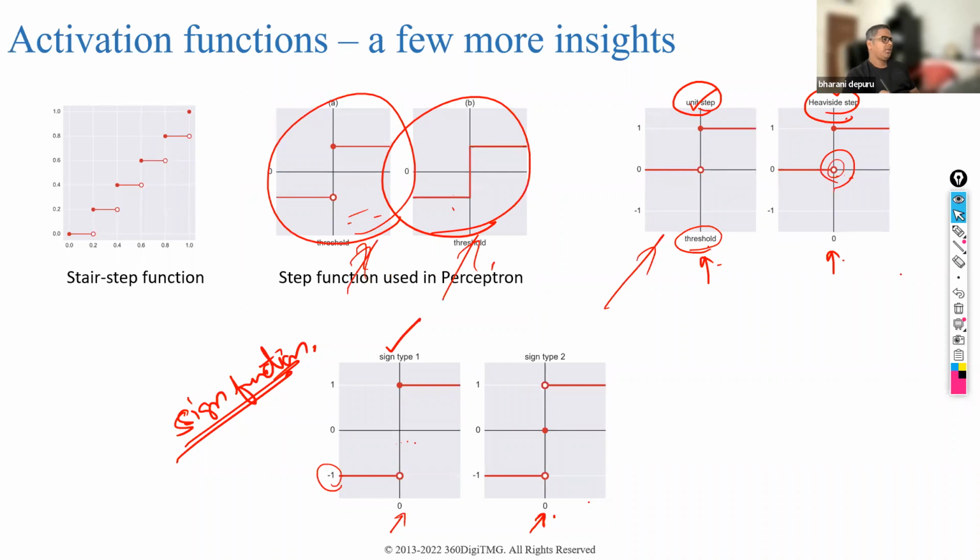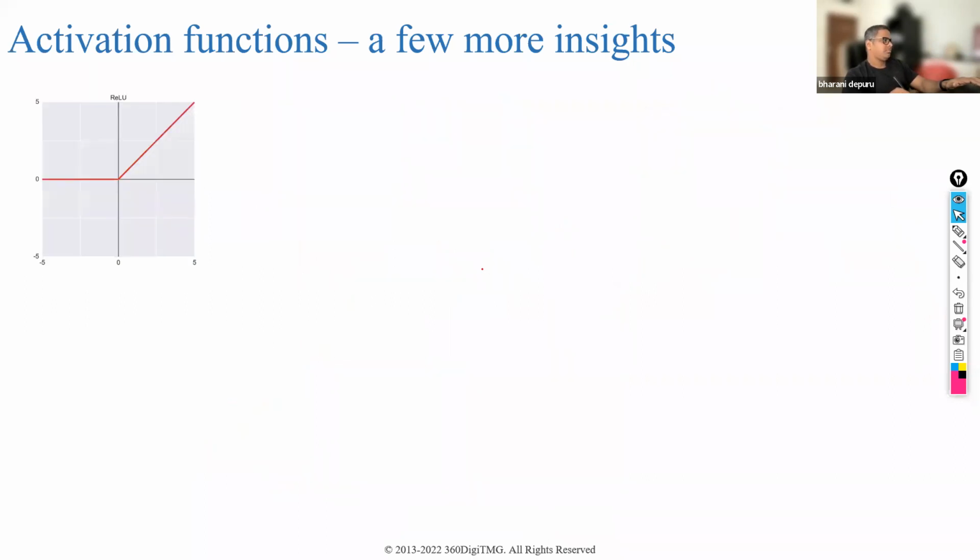These also are non-linear. Same. So these are called non-linear steps. But piecewise they are linear. When you look at each piece, it's linear, straight line, straight line. But otherwise, it's a non-linear thing because overall it's not linear.